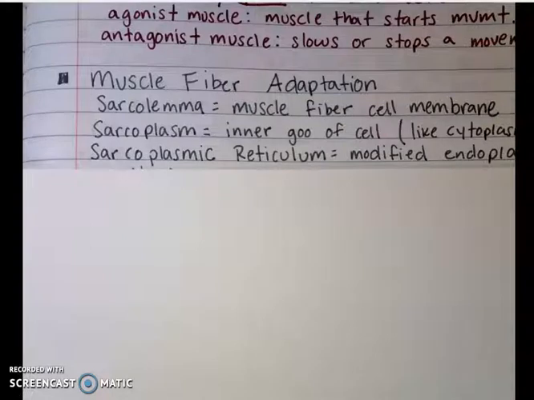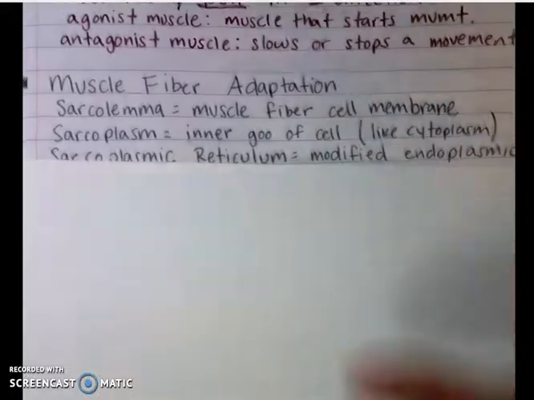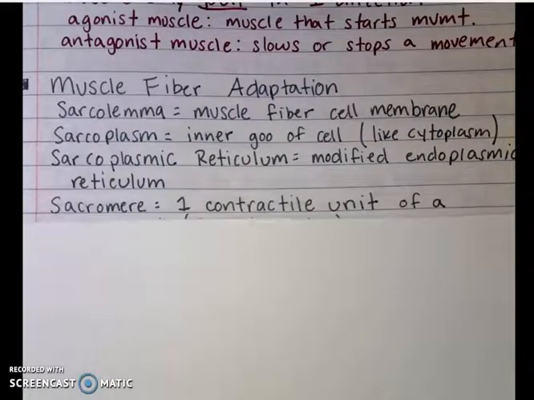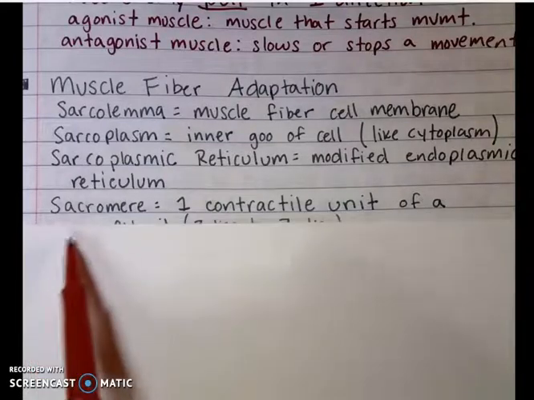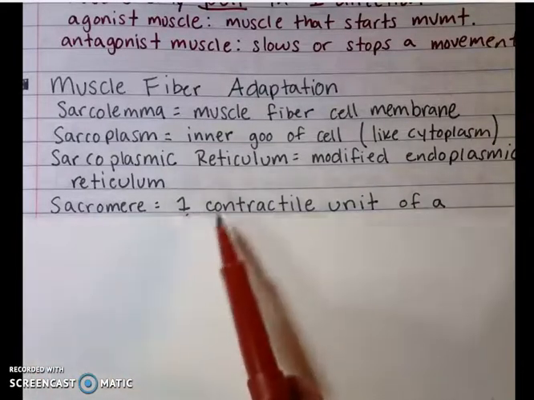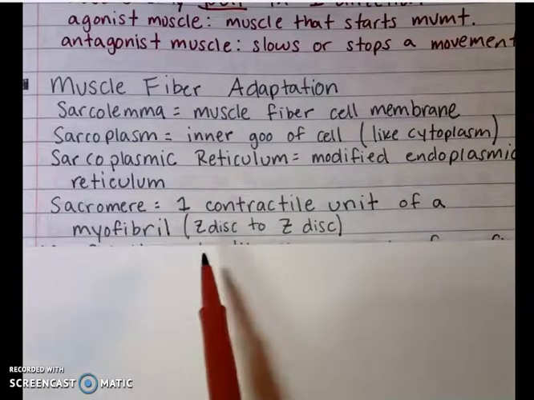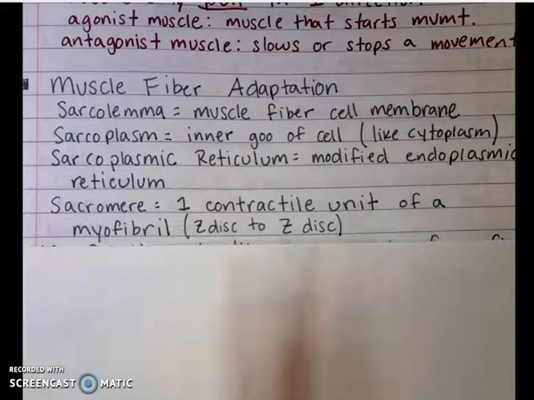Sarcoplasmic reticulum is going to be your modified endoplasmic reticulum. And then you also have your muscle fibers divided up into these functional units known as a sarcomere. So one contractile unit, basically one Z disc to another Z disc, which I'll go over toward the end.